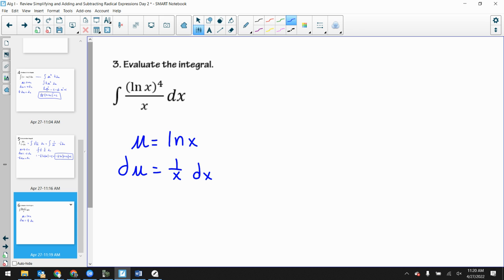All right, now I'm going to rewrite this piece in here, because that is really equivalent to saying the integral of ln of x to the 4th power times 1 over x dx, right? If I have anything in my numerator, I can remove it out front.